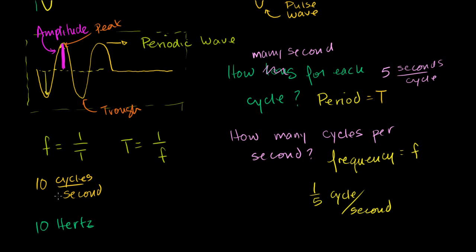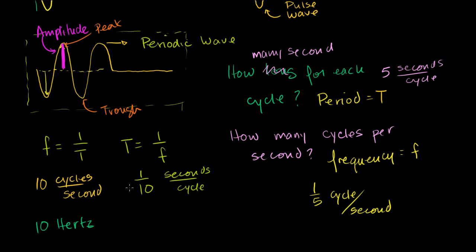If my frequency is 10 cycles per second, my period is going to be 1 over that. So it's going to be 1 over 10 seconds per cycle, which makes sense. If I can go up and down, a whole up, down, back again, 10 times in a second, it's going to take me 1/10 of a second to do it each time.